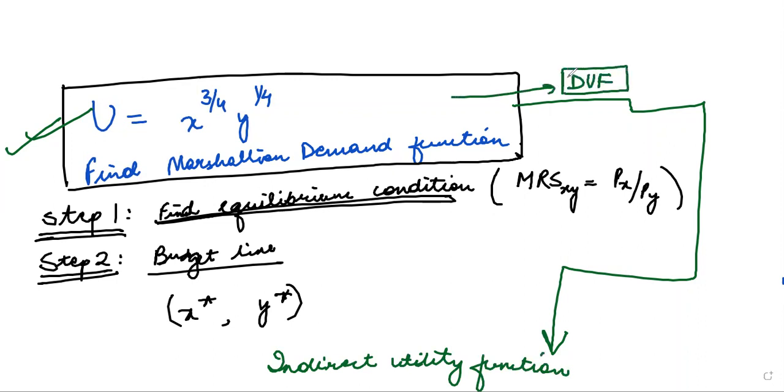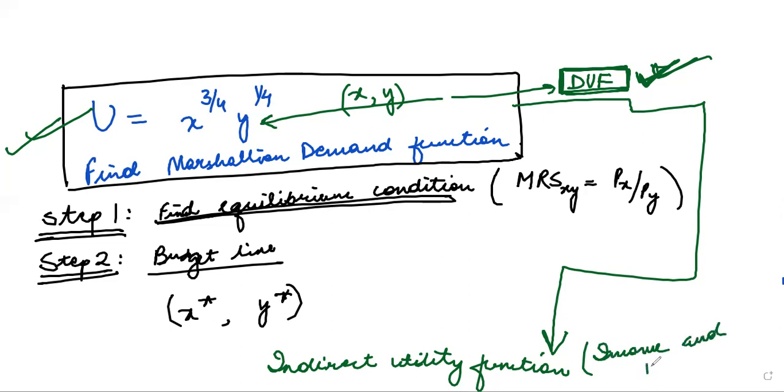A direct utility function is any utility function which is directly in terms of good X and good Y consumption. An indirect utility function is in terms of income and prices. So I'm going to ask you to find the indirect utility function. Let's see how we are going to go about it.